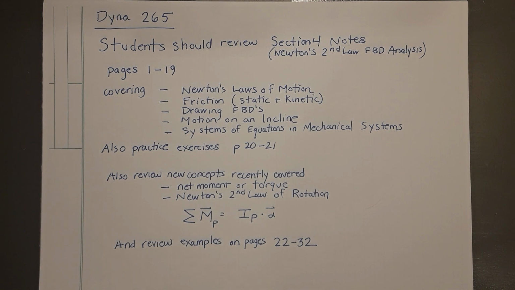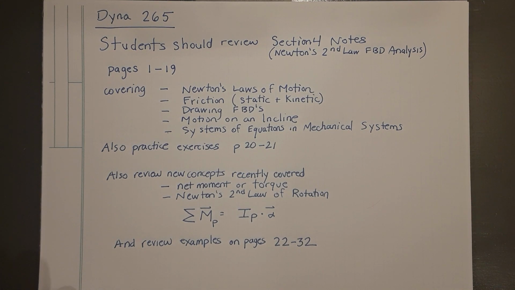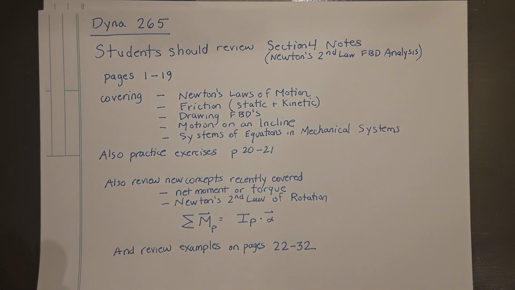We've done a few examples in class which covered the concept of taking an object and rotating it around an axis which is its centroid. So review those examples on pages 22 to 32 of the section 4 notes.